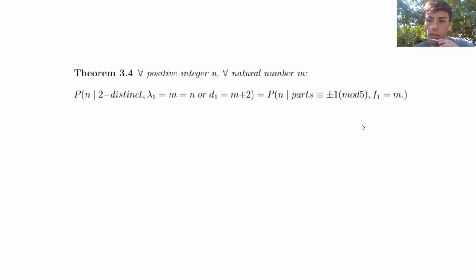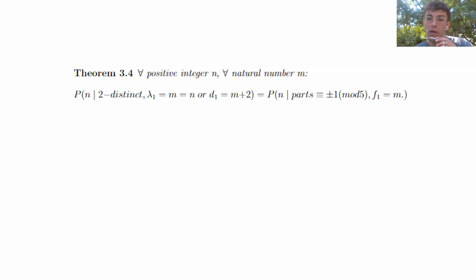This is a stronger version. It says: the number of partitions of n which are 2-distinct and lambda 1 is m, or d1 is m plus 2.